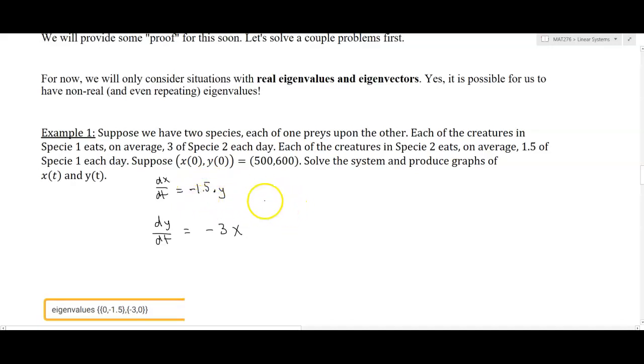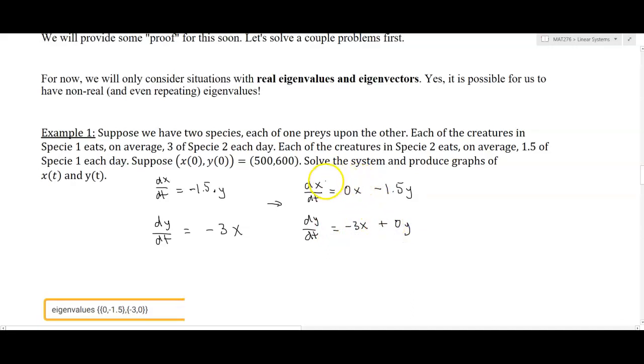Now, in order to find the eigenvalues and eigenvectors of this, I have to convert this to a matrix equation. So the first thing I'm going to do is I'm going to write dx dt as 0x minus 1.5y. Because this equation doesn't have x in it, I can write 0x, and I'm going to need that for my coefficient matrix. dy dt has negative 3x in it, and it has 0y in it.